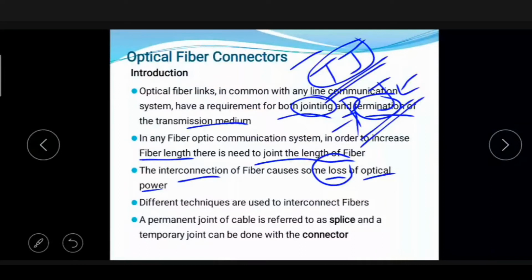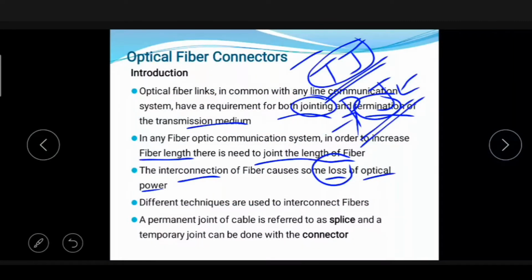Similarly, if we join a fiber, some amount of light comes out. Wherever you have used a joint, there might be a loss of power, but you cannot see that like water. But that is the example I told you.